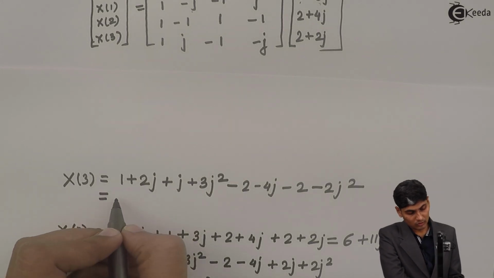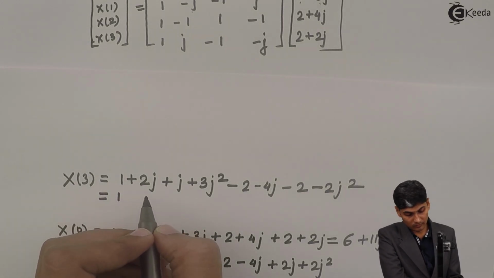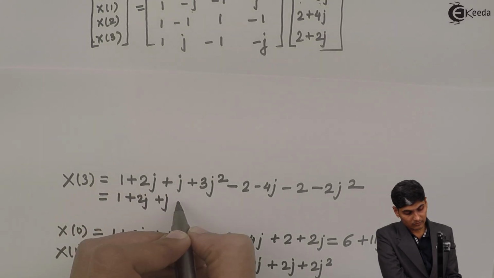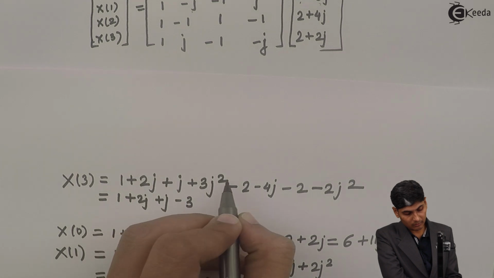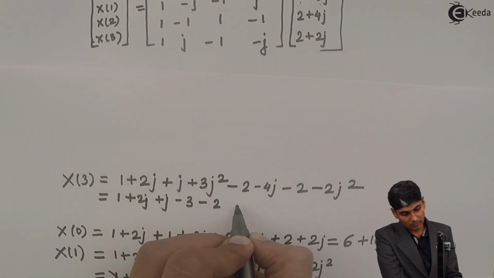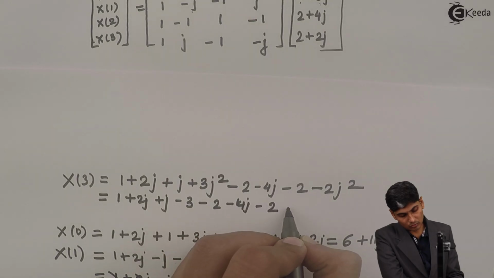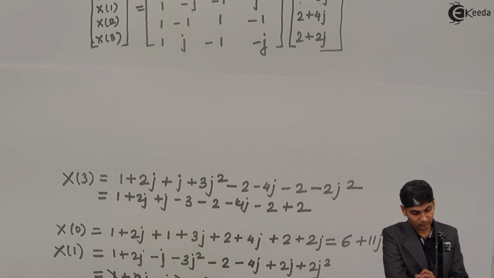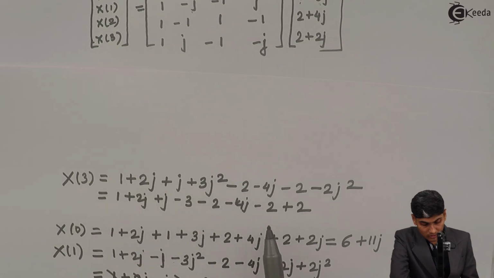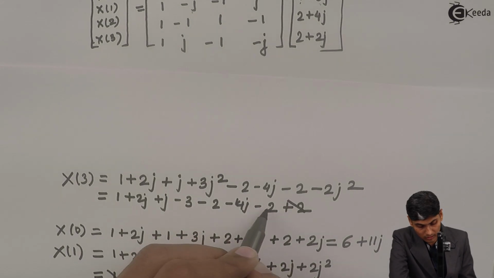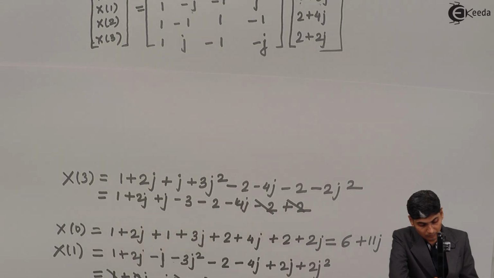Okay, so this will give me 1 plus 2j plus j, this will give me minus 3 because j square is minus 1, minus 2 minus 4j minus 2 minus of minus plus 2, right. So now here you can see that minus of minus 2 is minus 4, or you can cut this 2 out.